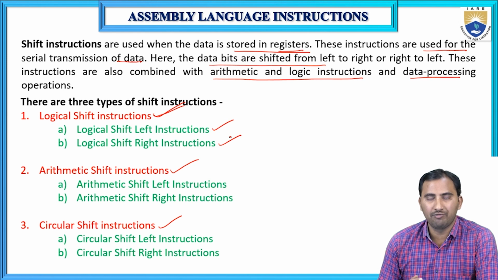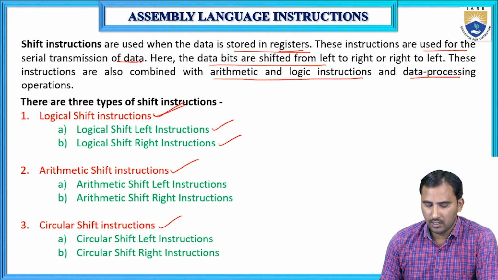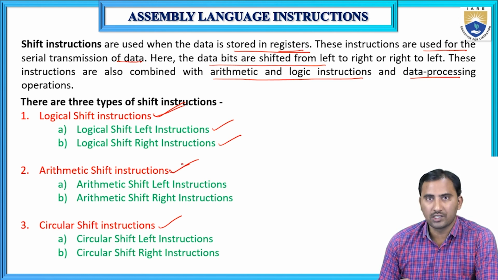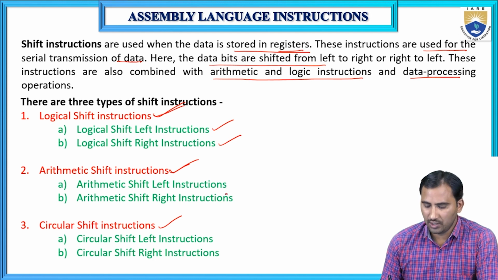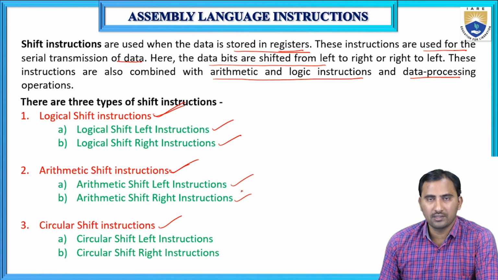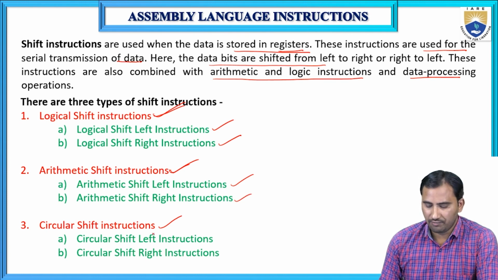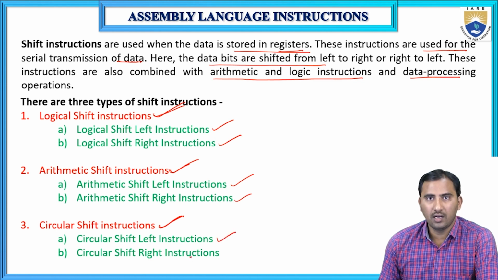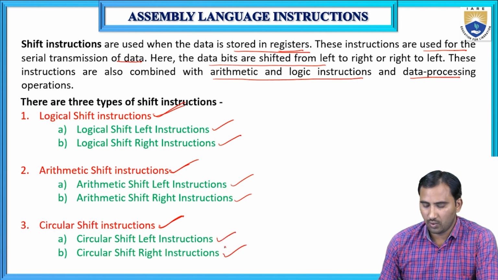So that means we can perform shift left operation and shift right operation also. Similarly, in arithmetic shift instruction, we are performing arithmetic shift left instruction, arithmetic shift right instructions. Similarly, the third case is circular shift instructions. So circular here also two types are there: circular shift left instruction, circular shift right instruction. Okay.